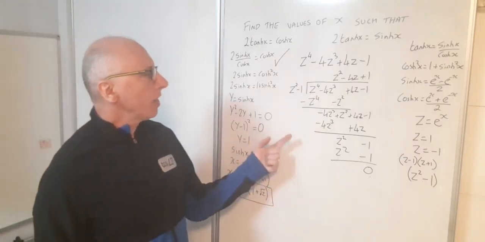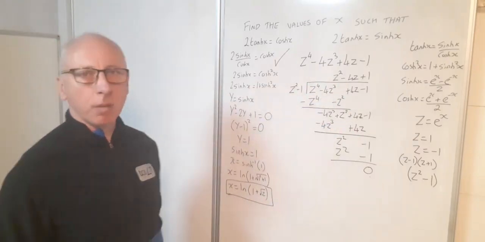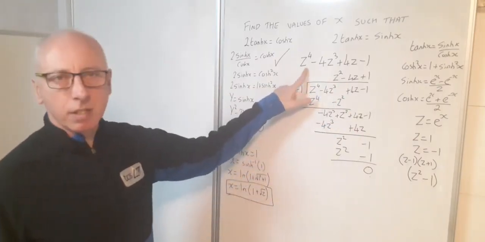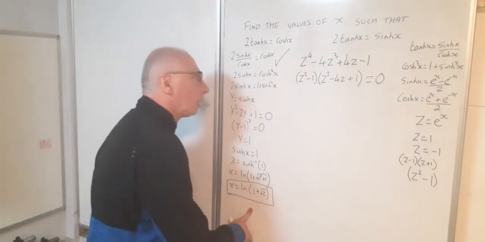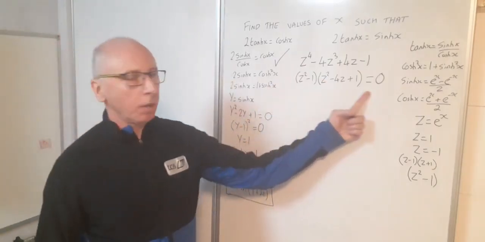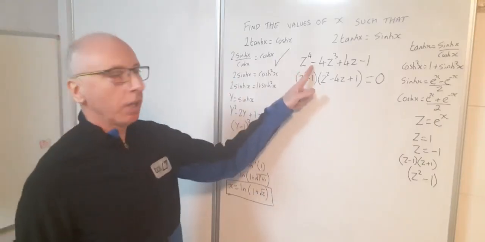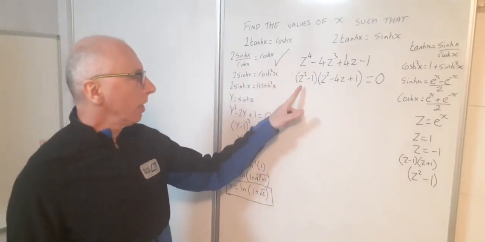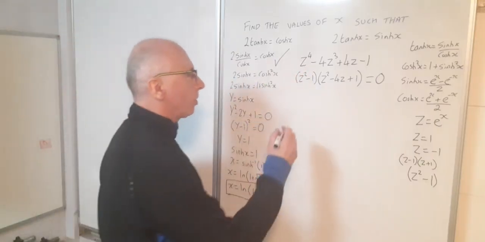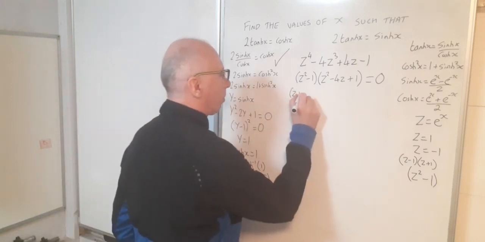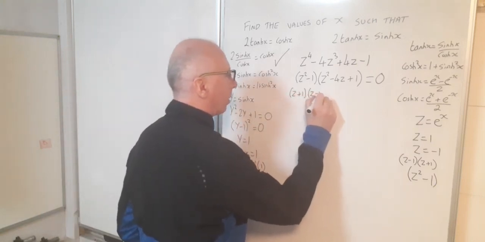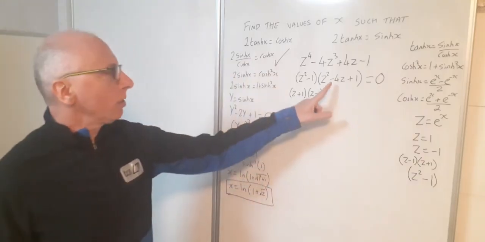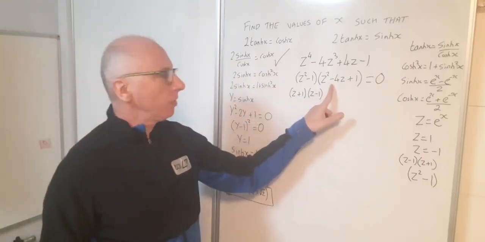So let's clear that off now, and then let's put our polynomial format for this z to the 4. Okay, so now we've got a polynomial here from this polynomial here. So that's all taken care of. So this we know is z plus 1, z minus 1. So we need that to get our solutions. All we need to do now is try and solve this for each z.